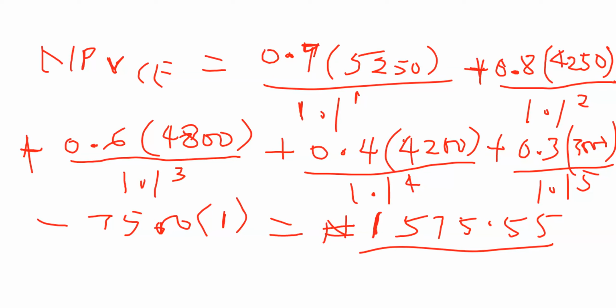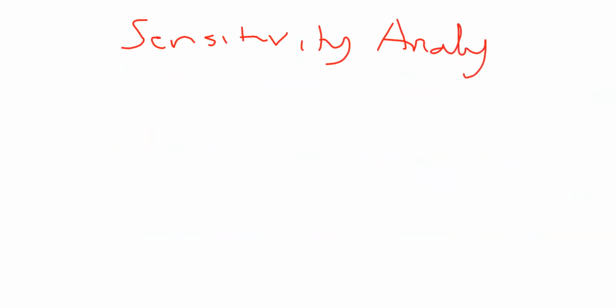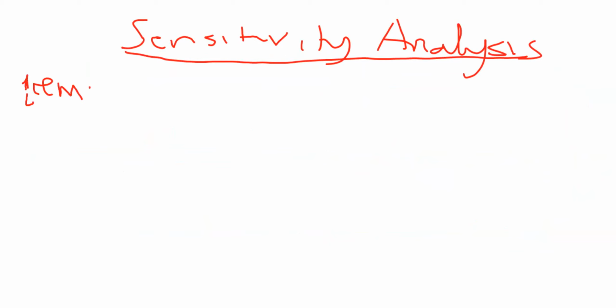So to be clear, this one is sensitivity analysis. That's what we're looking at. In this table, the first item is project cost.